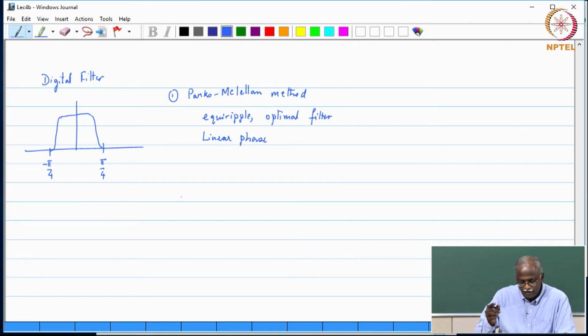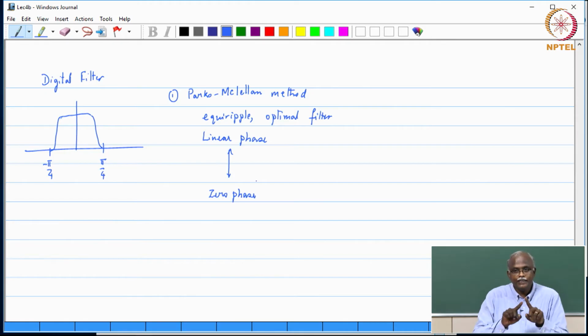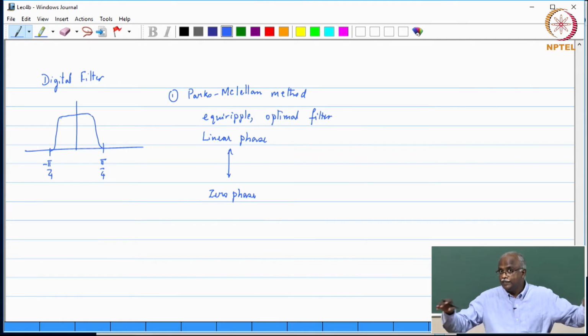Now, again I would like to recall to your mind, there is a relationship between linear phase and zero phase. Zero phase requires symmetry in the time domain, right. The Parkes-McClellan filters centered around 0 are non-causal, that is the zero phase version.